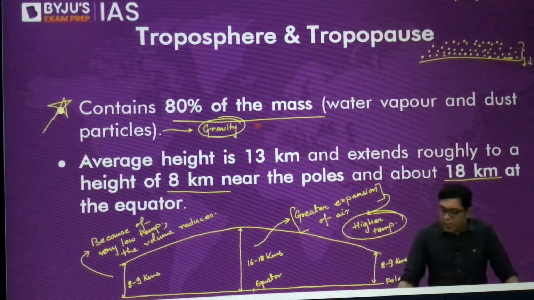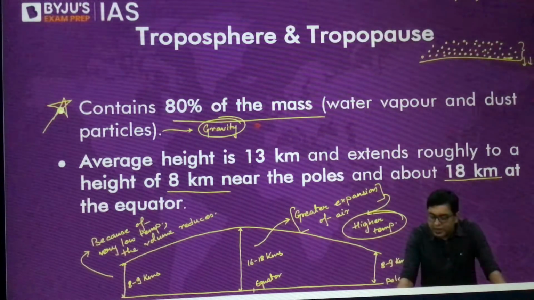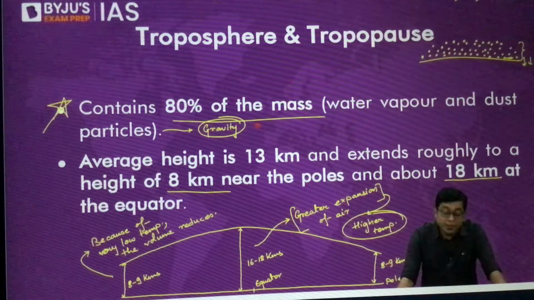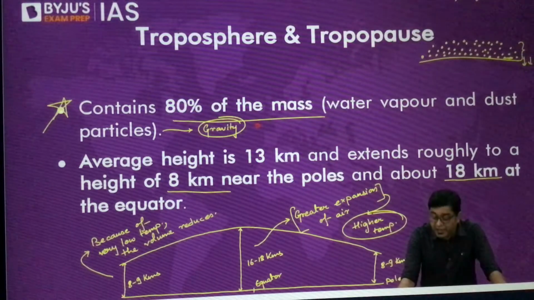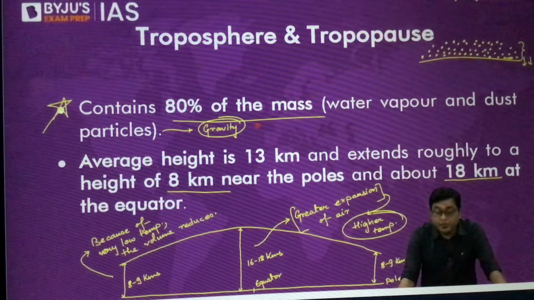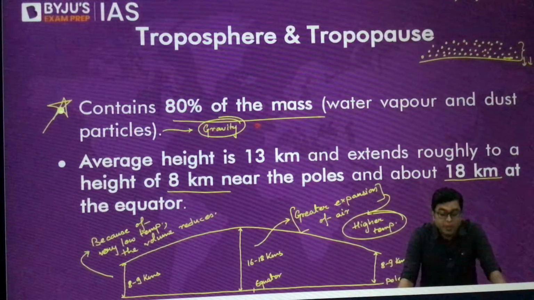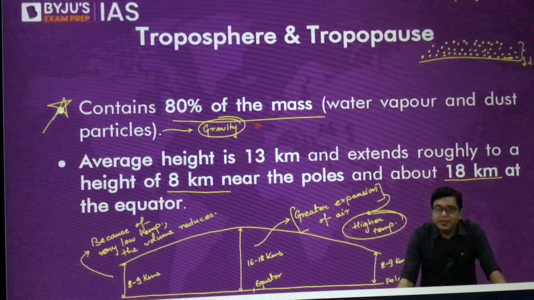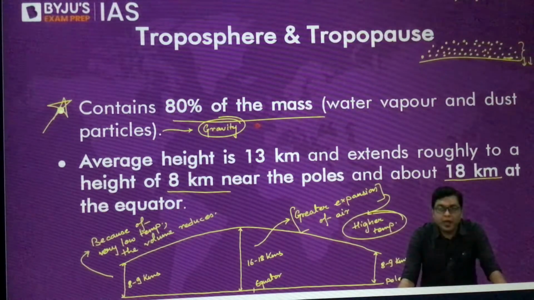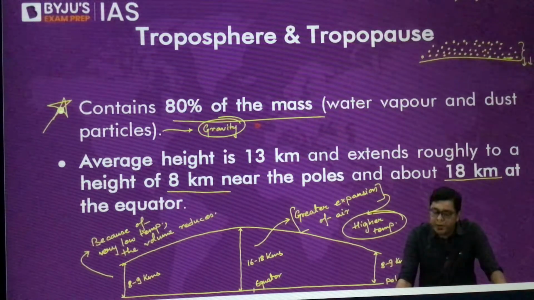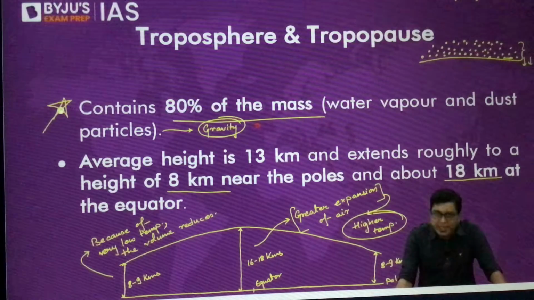Now here we are talking about the aspect of the height of the troposphere in various different regions. When we talk about the height of the troposphere in different regions, you have to understand that the height is different around the region of the equator and different around the region of the poles. Why the height is different is primarily owing to the heat.